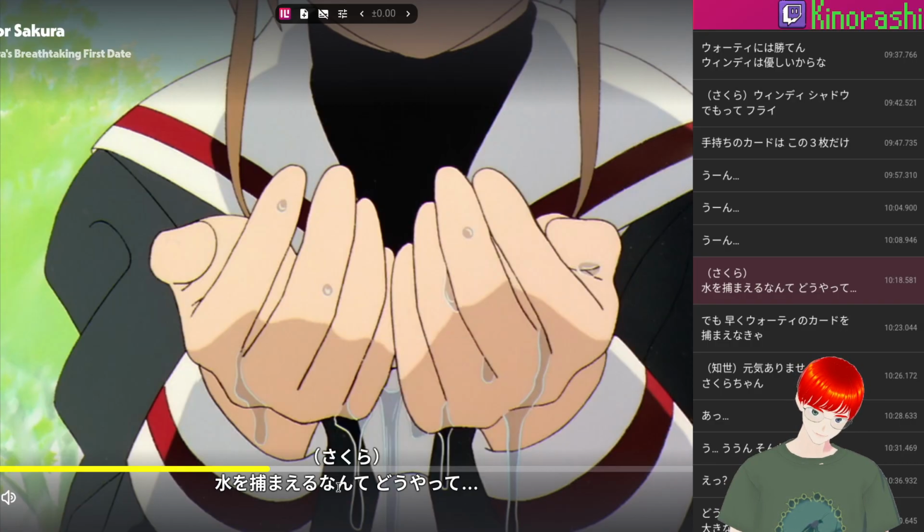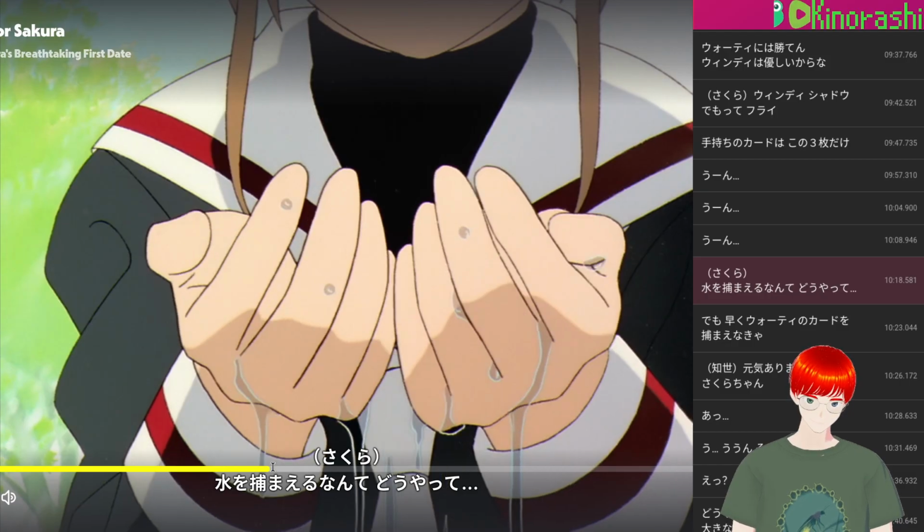Something like capturing water, how do I do. Mizu wo tsukamaeru nante doyatte. Yatte is from yaru, to do, but it has more implication of doing work to it than suru does.